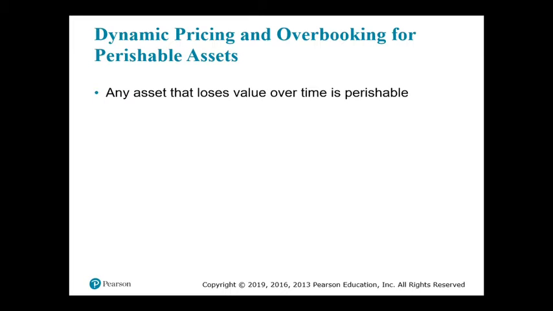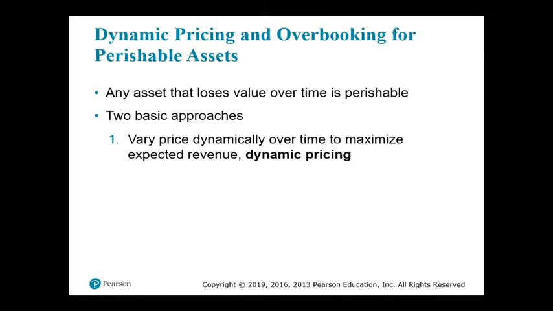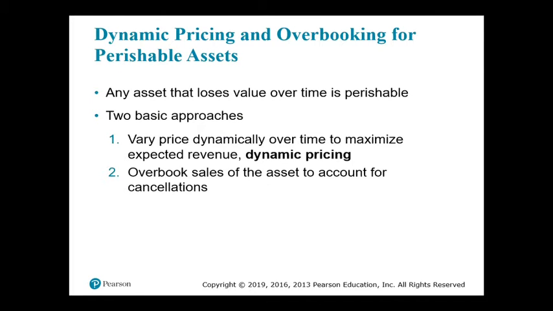So electronic devices, high-tech items, fashion items are considered to be perishable assets. So in dealing with perishable assets revenue management, there are two basic approaches. One is dynamic pricing, and one is overbooking.